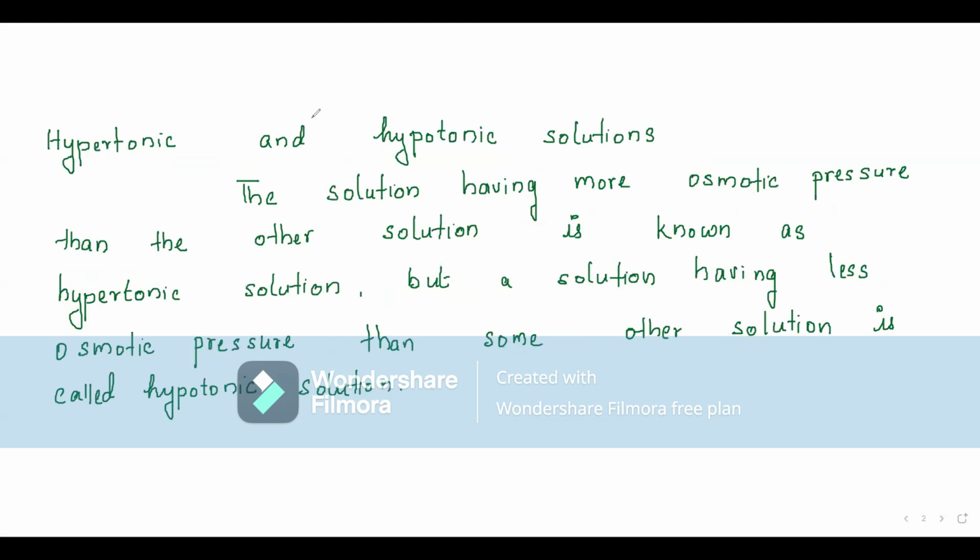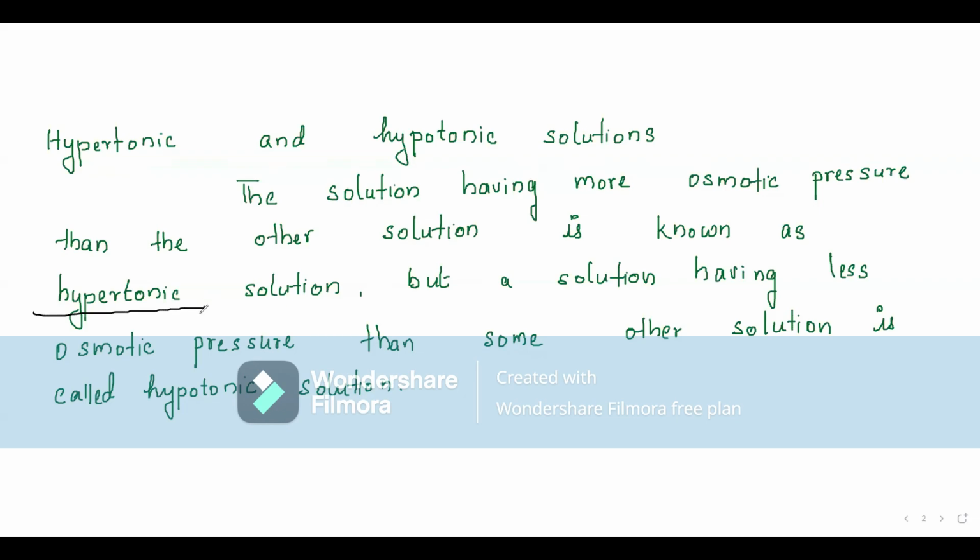Now, the next is hypertonic as well as hypotonic solutions. When you compare two solutions having different osmotic pressure, the one with higher osmotic pressure will be called the hypertonic solution.